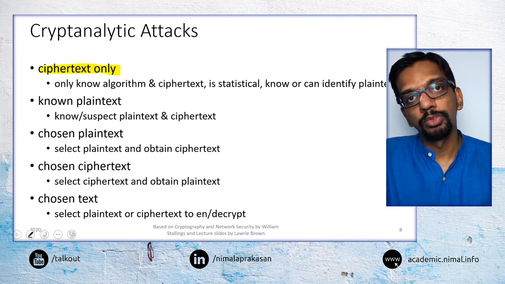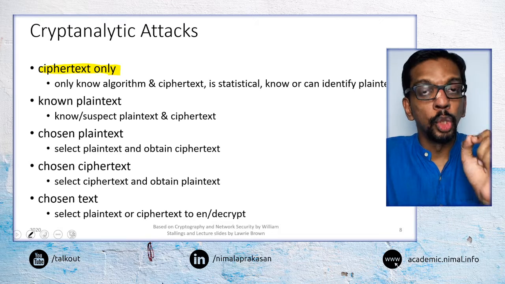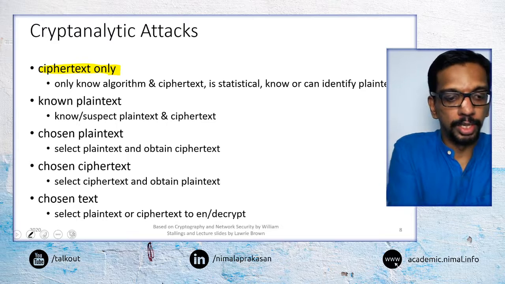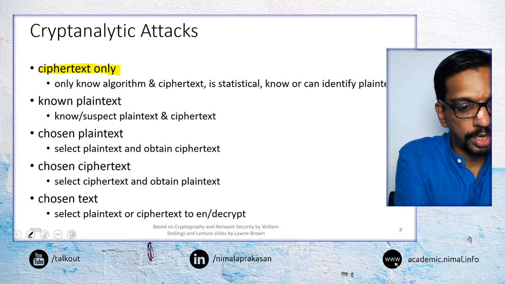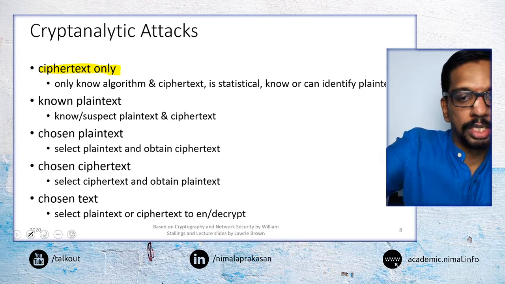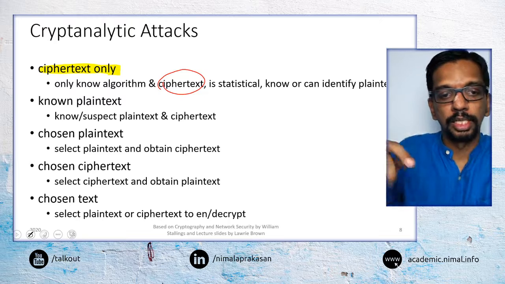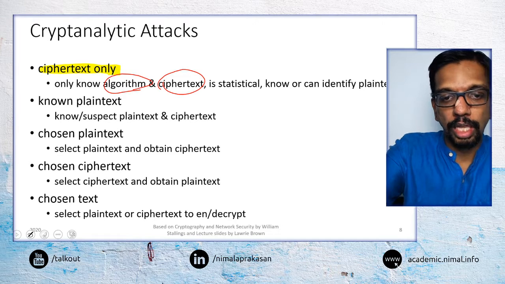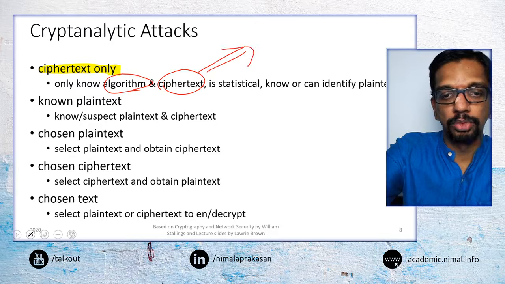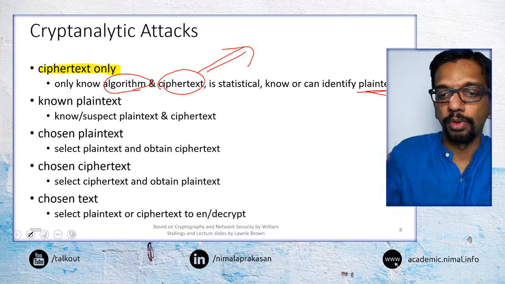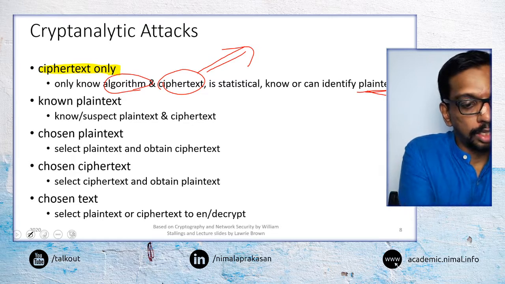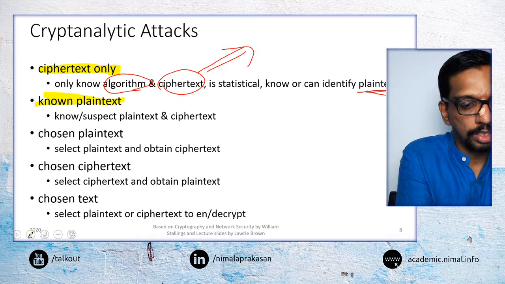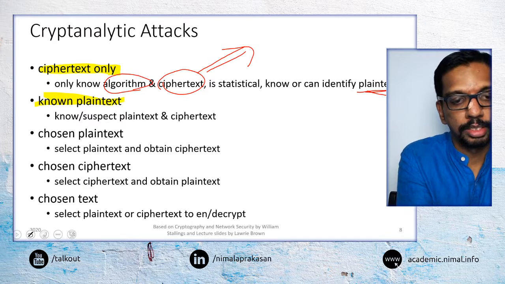The second one is what is known as known plain text. In the first case, we have a set of ciphertext and maybe we know the algorithm that may have been used, and then we have to do some analysis to find the plain text from that. But in the case of known plain text, we will know some plain text.